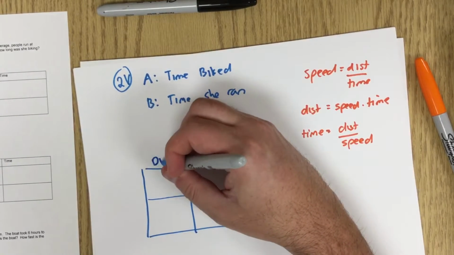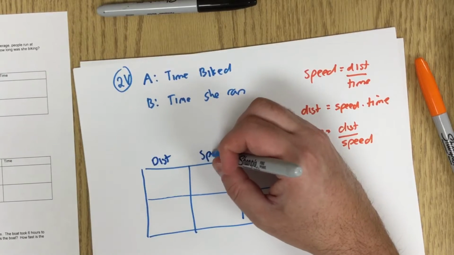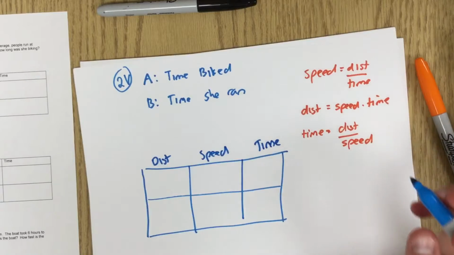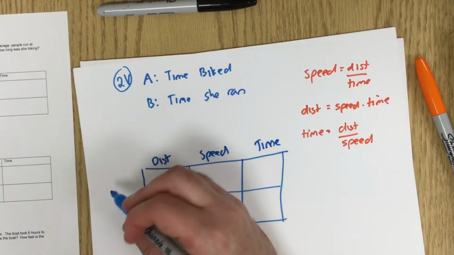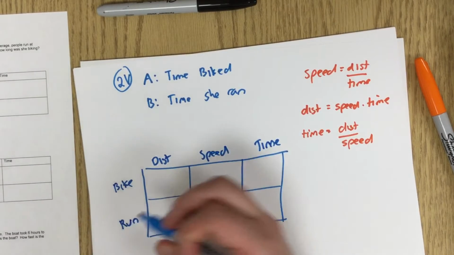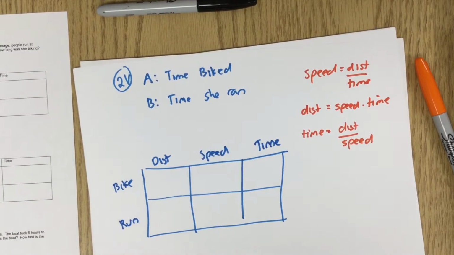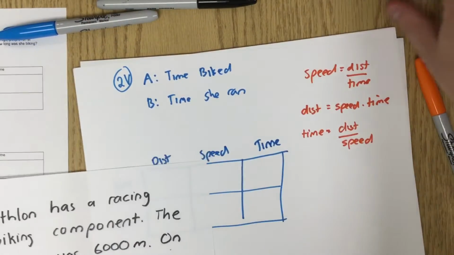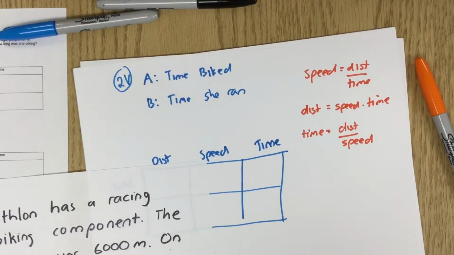So this is going to be distance, this is going to be speed, and this is going to be time. And here we're going to have biking and running. Let's see what we know.